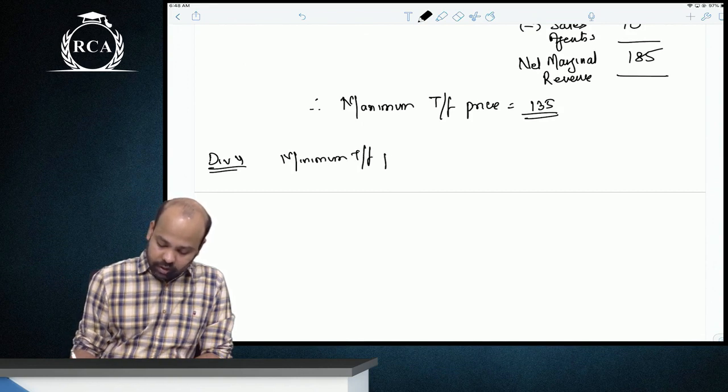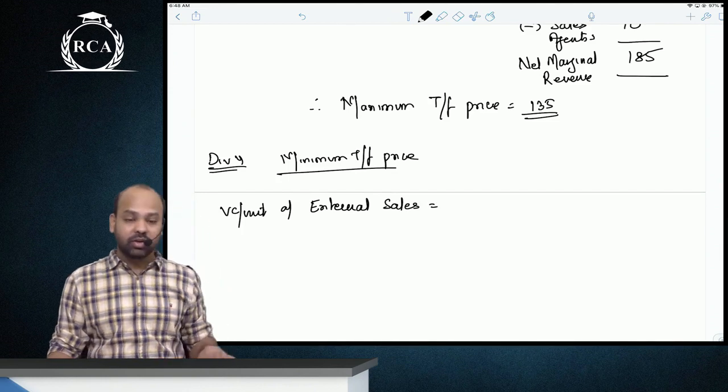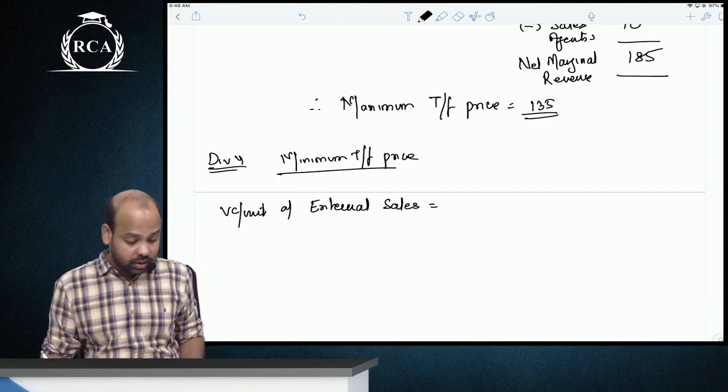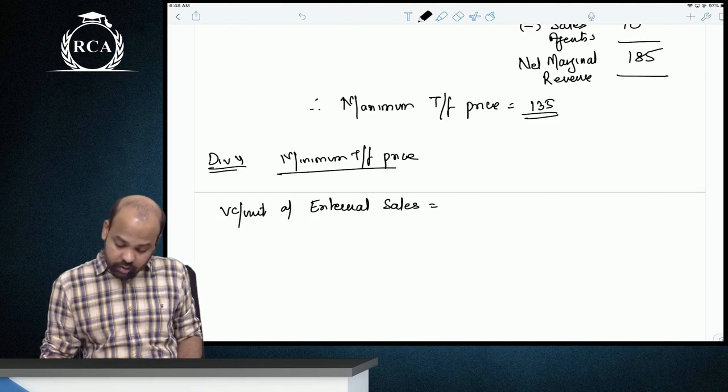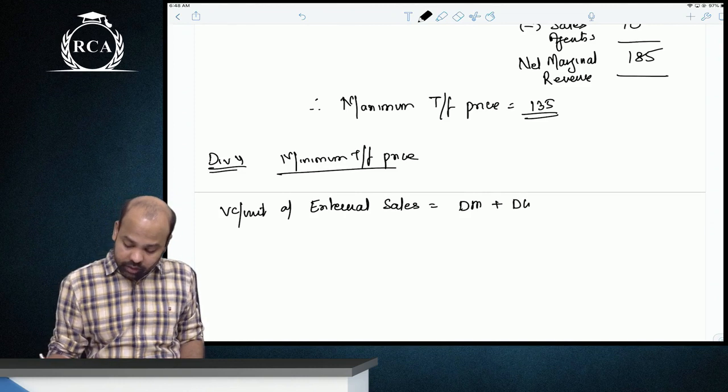What is the variable cost per unit, guys, of external sales? Variable cost per unit of external sales. Do not forget to take that 10 rupees and 8 rupees into consideration, guys. So this would be their direct material cost, direct wages.